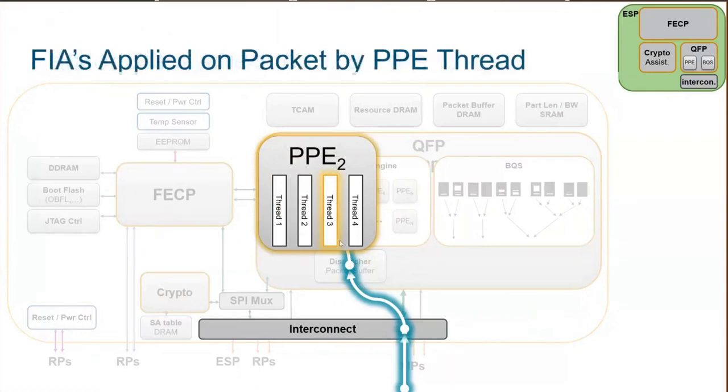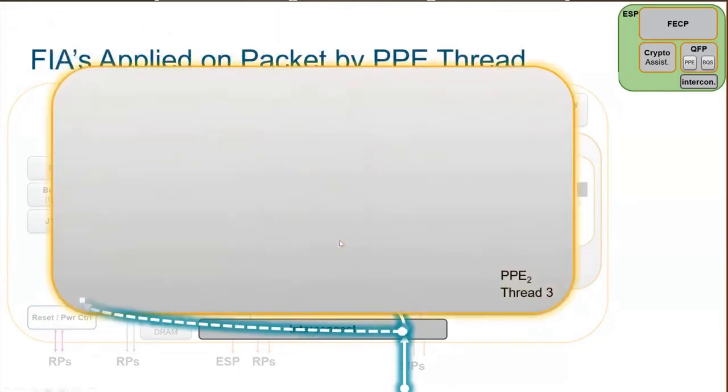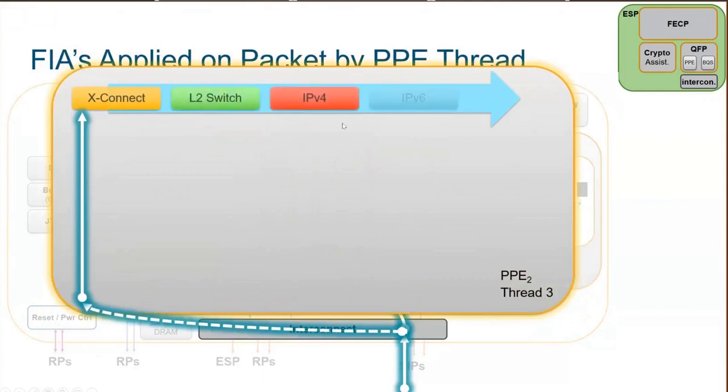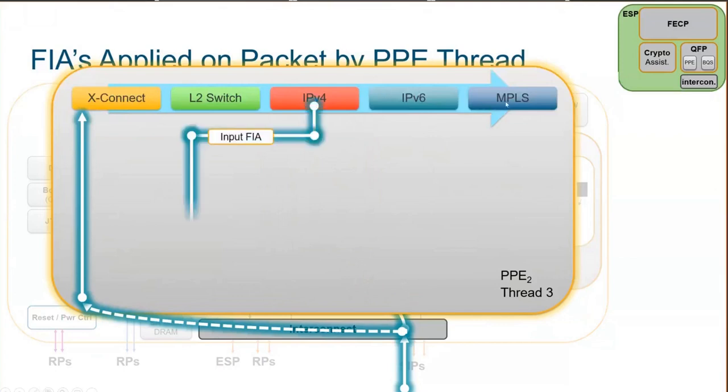What thread 3 does is, it will check for the corresponding headers. For example, here we have XConnect, L2 header, IPv4, IPv6, which is layer 3, then MPLS. Corresponding header is checked, and for that particular thing, we'll have an input feature invocation array.